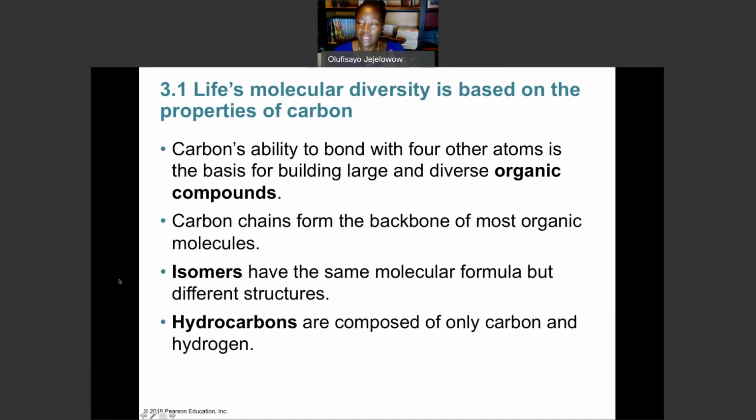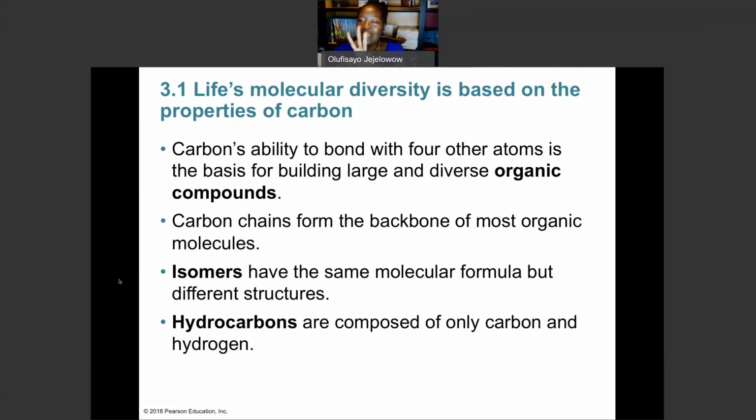Remember carbon, element number 6, has 6 protons, 6 neutrons in carbon-12, and 6 electrons. Of the 6 electrons, 2 are in the lowest energy shell and 4 in its outermost shell, which is the second electron shell.